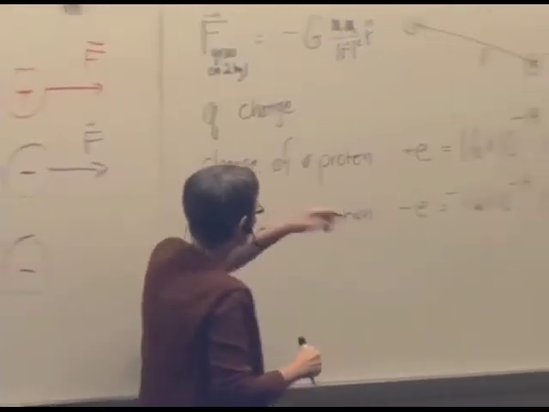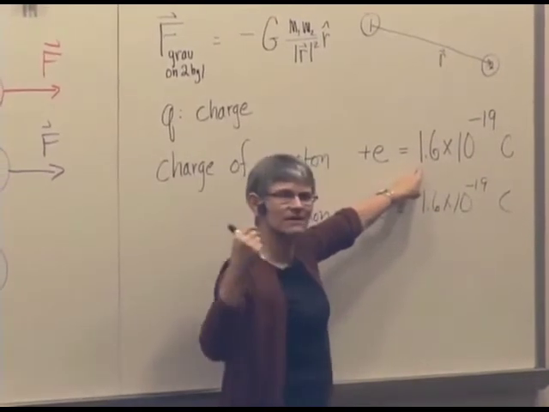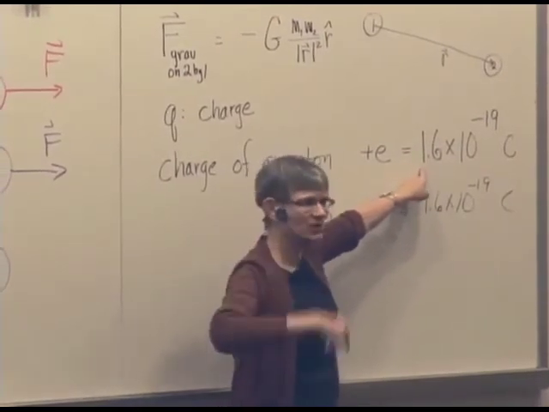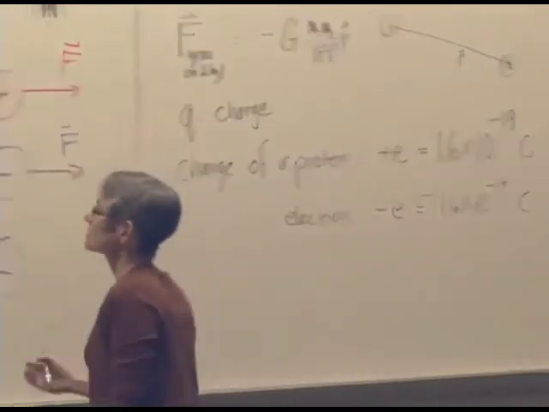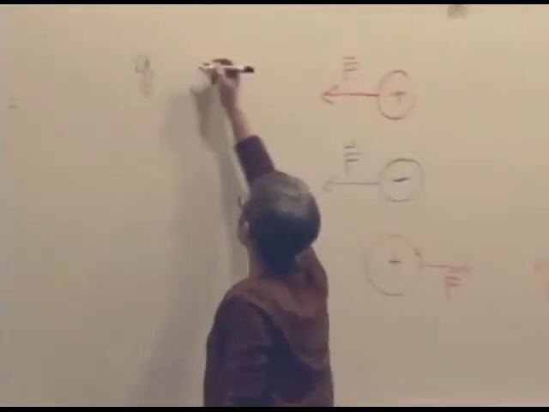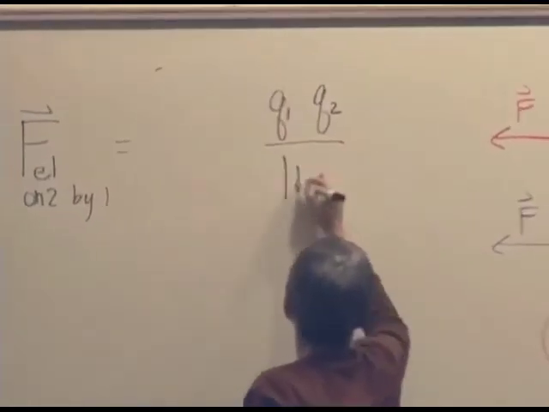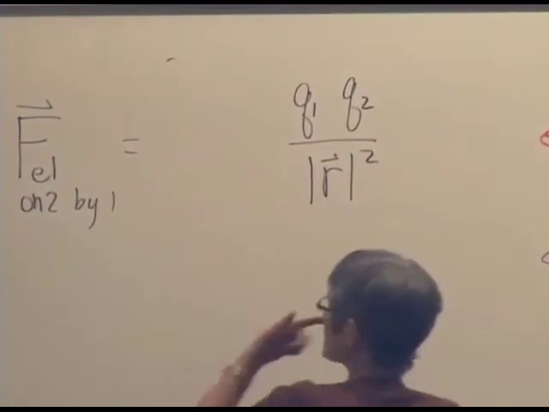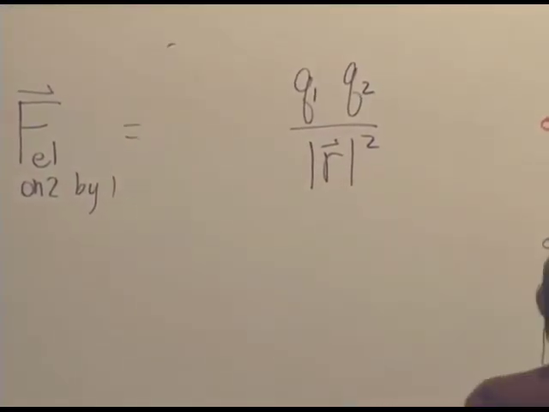So it's going to be this or twice that or 3 times that, or we might have to add up some things. So the charge of one object times the charge of the other object, we have this 1 over distance squared again, where r is as usual.